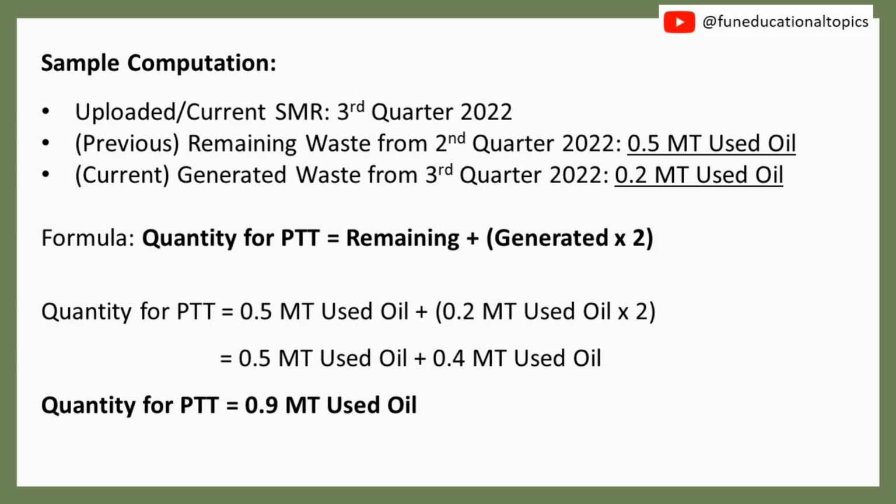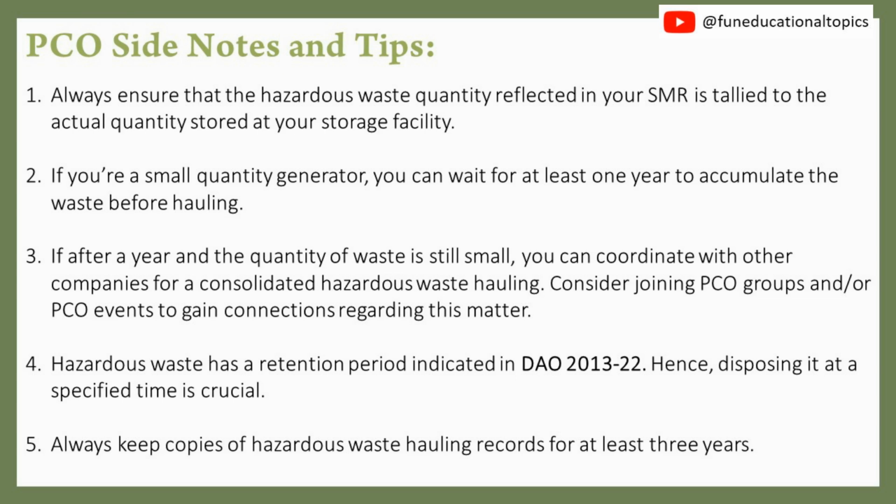Anyway, as a way to thank you for reaching this part of the video, I will be sharing the following side notes and tips. Number 1. Always ensure that the hazardous waste quantity reflected in your SMR is tallied to the actual quantity stored at your storage facility. If you're a small generator, you can wait for at least 1 year to accumulate the waste before hauling.